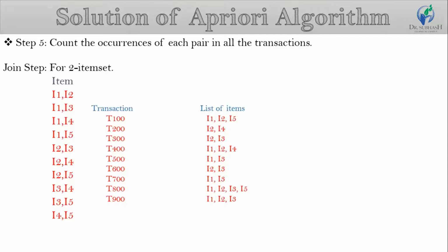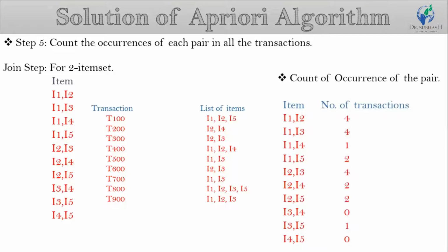So we got the count of occurrence of each pair: I1, I2 occurs 4 times, I1, I3 occurs 4 times, I1, I4 occurs 1 time, I1, I5 occurs 2 times, I2, I3 occurs 4 times, I2, I4 occurs 2 times, I2, I5 occurs 2 times, I3, I4 occurs 0 times, I3, I5 occurs 1 time, I4, I5 occurs 0 times.